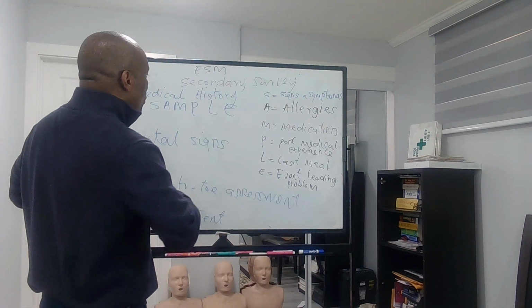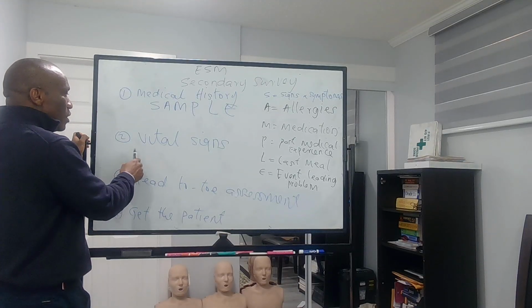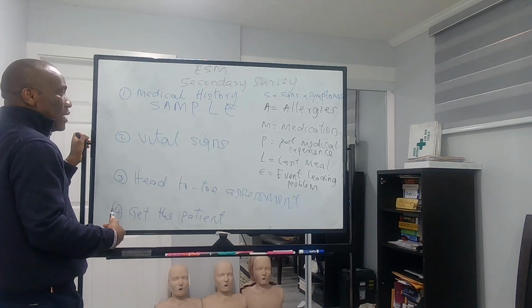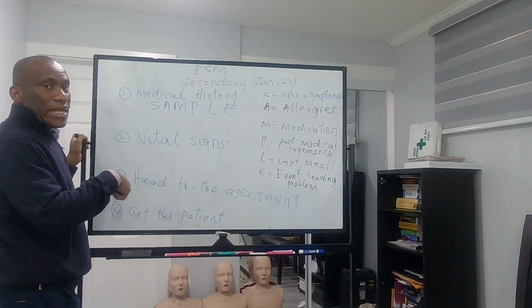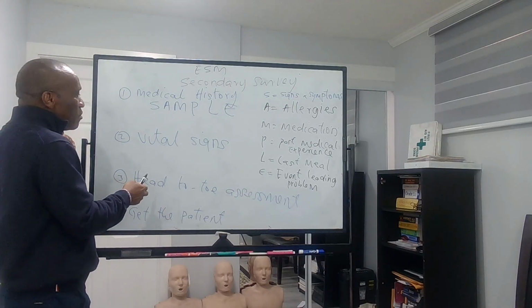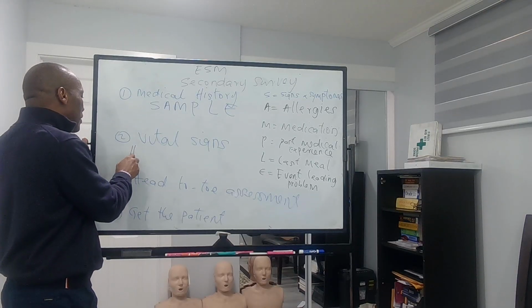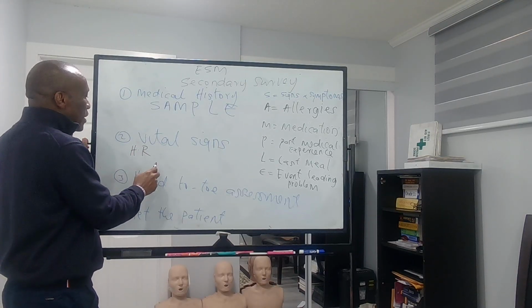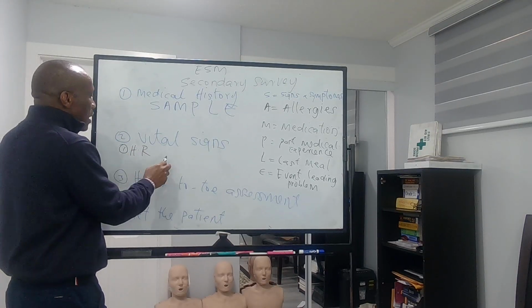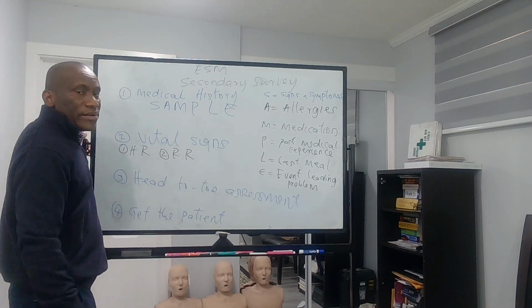Alright, so vital signs, you can also check vital signs. Hopefully by this time EMS has not come, so let's assume they have not come. So do the vital signs. You do heart rate. That is one of them. And then you do respiration rate, breathing rate.